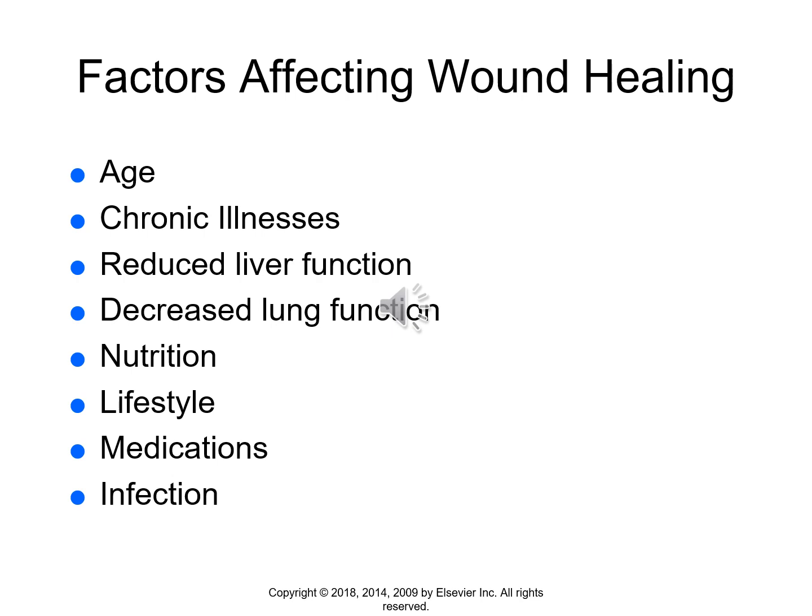Some other things that can impact wound healing also are chronic diseases that impact circulation, such as diabetes or some type of cardiovascular disease. Those things can also slow the wound healing process. So a lot of different things can impact how quickly or how slowly a wound might heal.